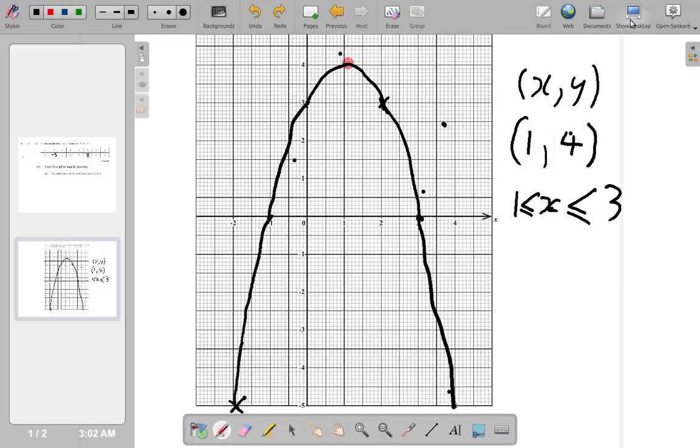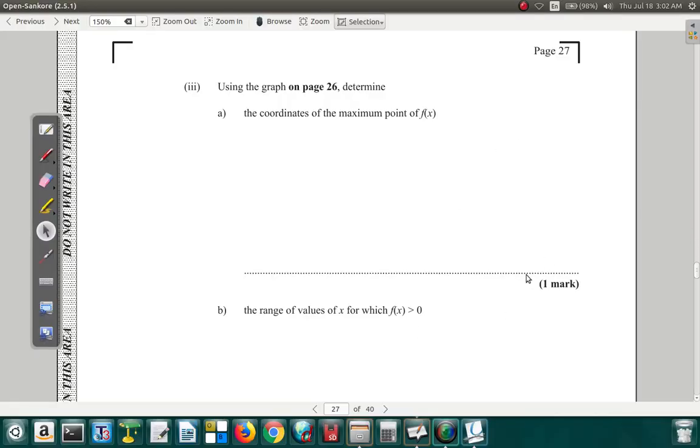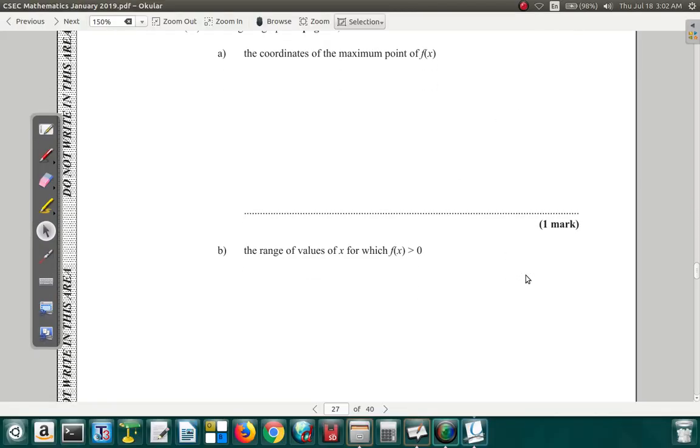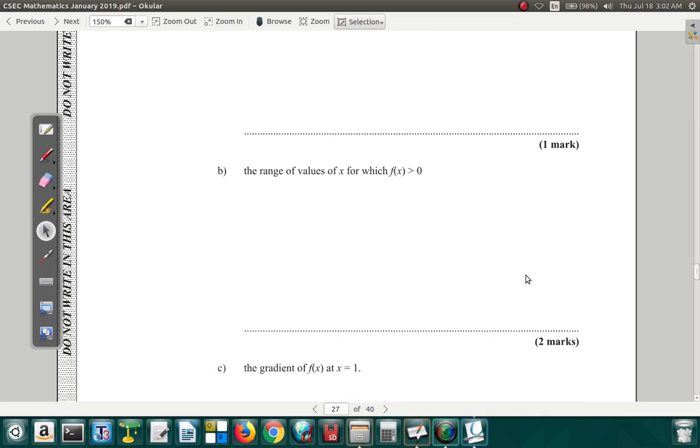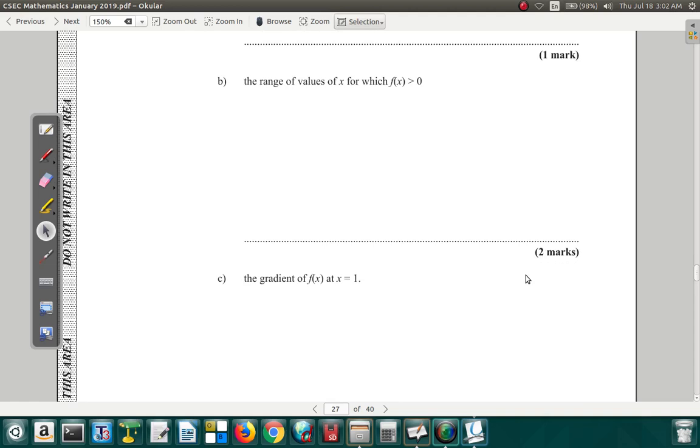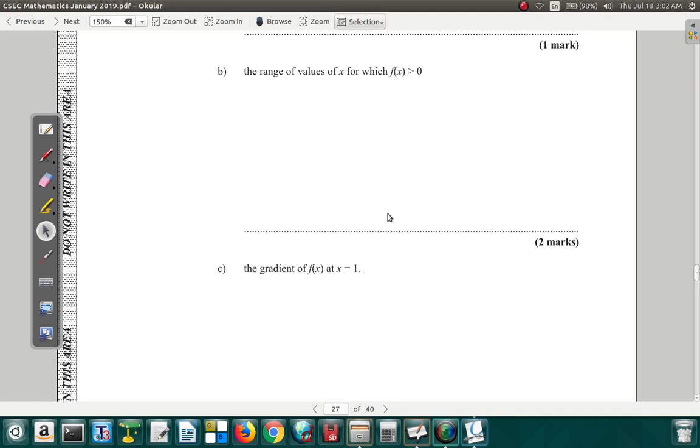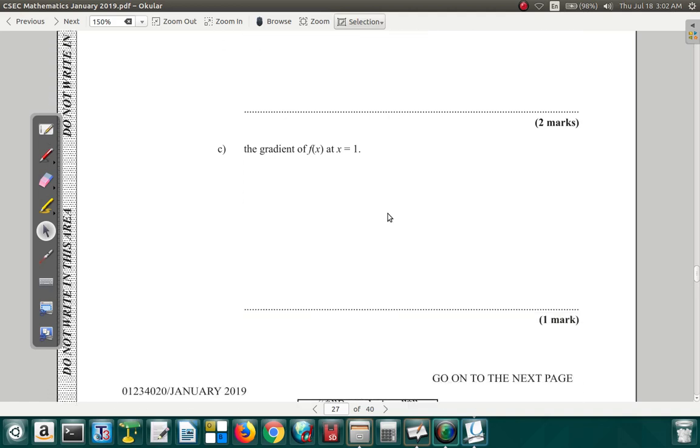Let's see what else they ask for, or the range of values of f of x for f of x greater than 0. You would say that's part B. Part C says what is the gradient of f of x when x is 1. The gradient of f of x when x is equal to 1. Alright, so we're going to look at that.